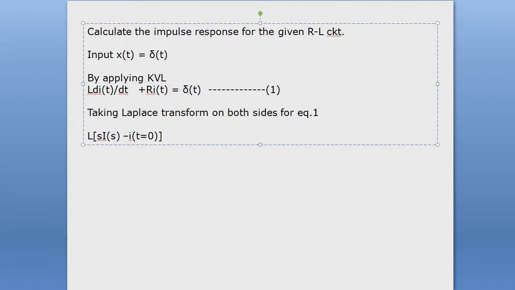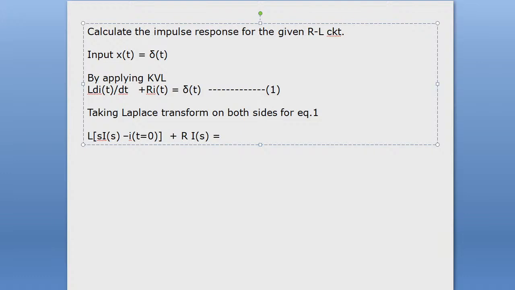Then you can write plus R I(S), the Laplace transform of the current function, equal to, you tell me what is the Laplace transform of a delta function.